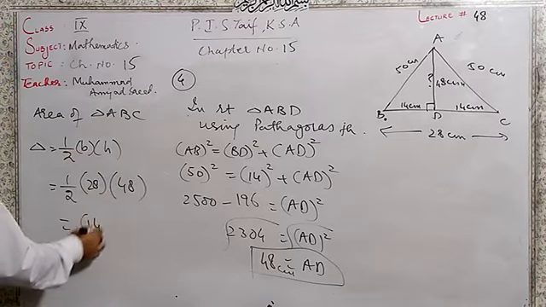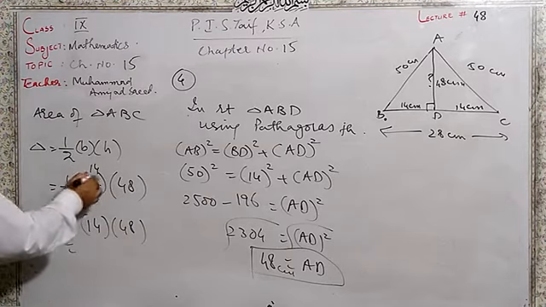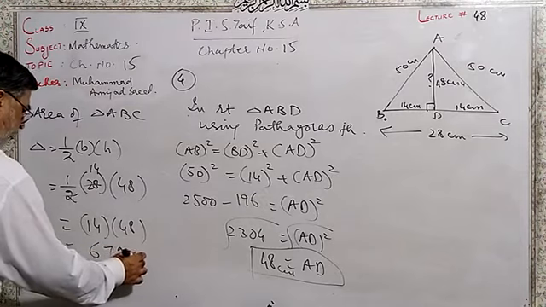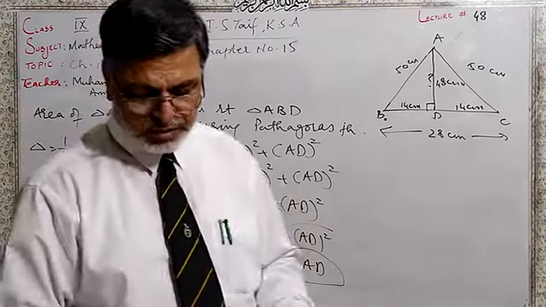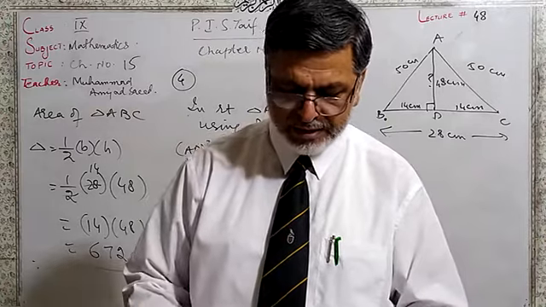So that is 14 into 48. 14 into 48 is 672 centimeters square. So that is your question number 4 of your exercise 15.